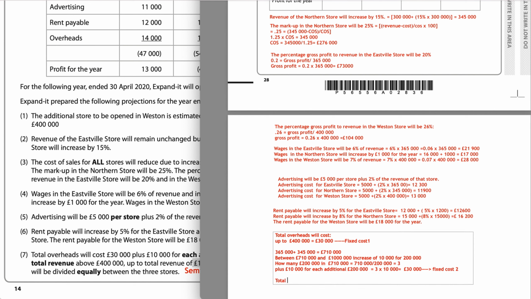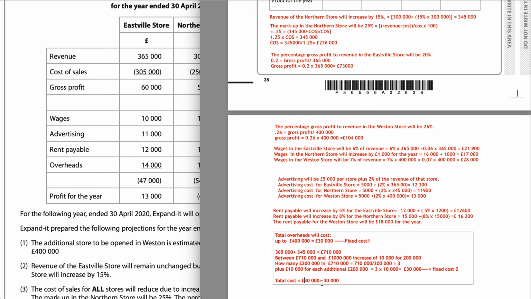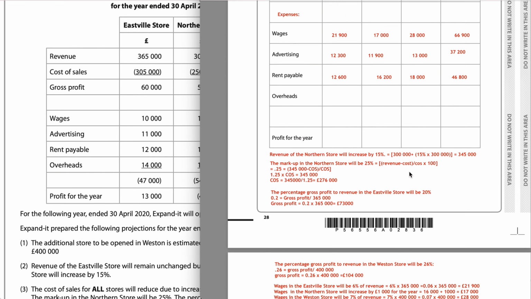So the total cost will be 30,000 plus 30,000 pounds, equal to 60,000 pounds, and this is divided equally among the stores. So 60,000 divided by 3 is equal to 20,000 pounds for every store.